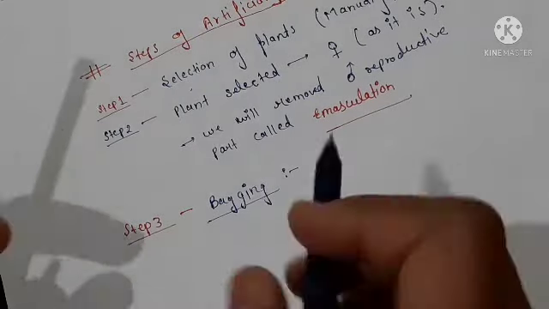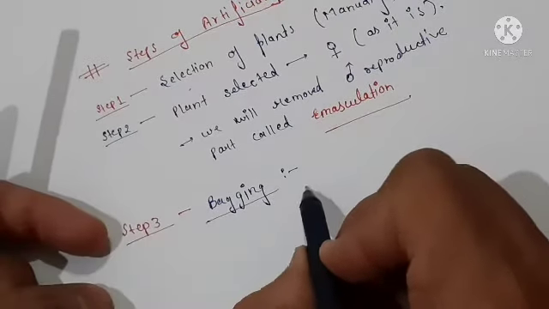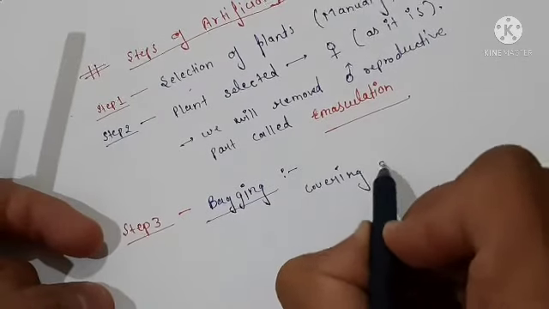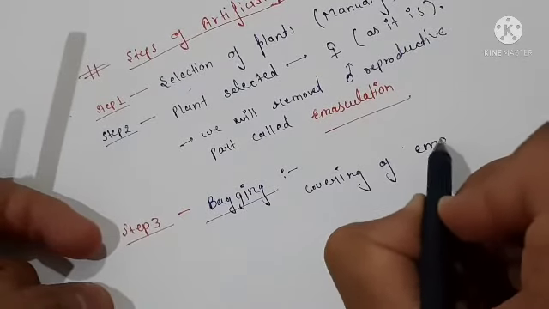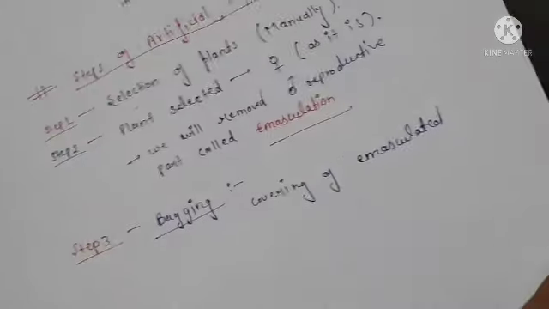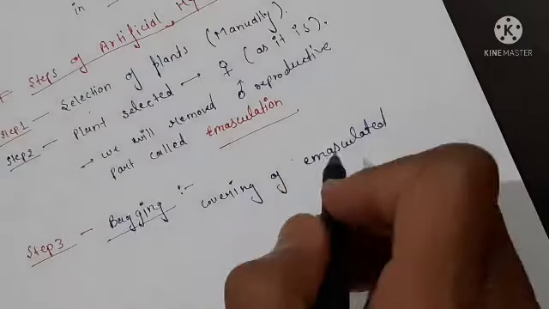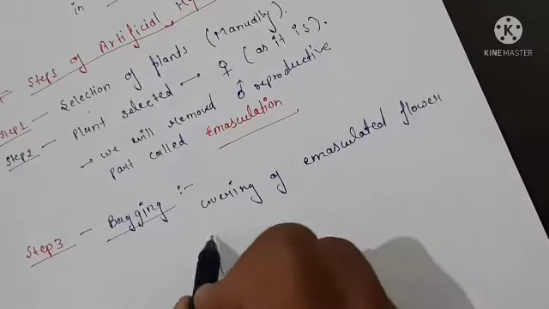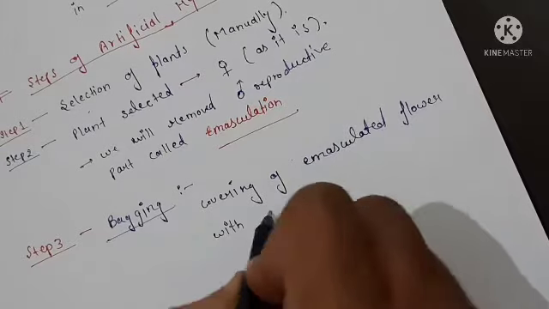So in bagging we will cover the emasculated flower with butter paper.